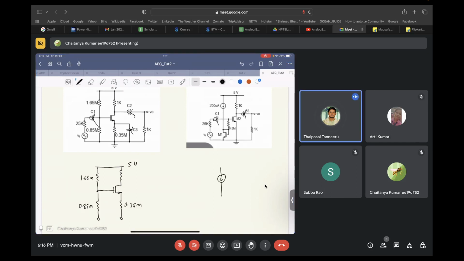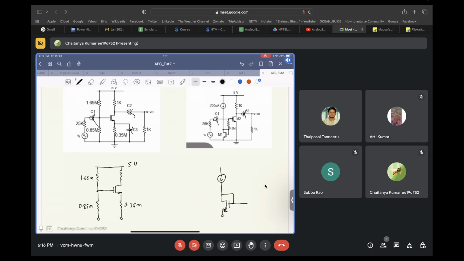A current source and M1 in a diode-connected configuration, and 0.5 mega ohms is connected to the M2 gate terminal. In DC, does this 0.5 mega ohm resistance matter at all? No, because of high resistance, this is an open circuit.